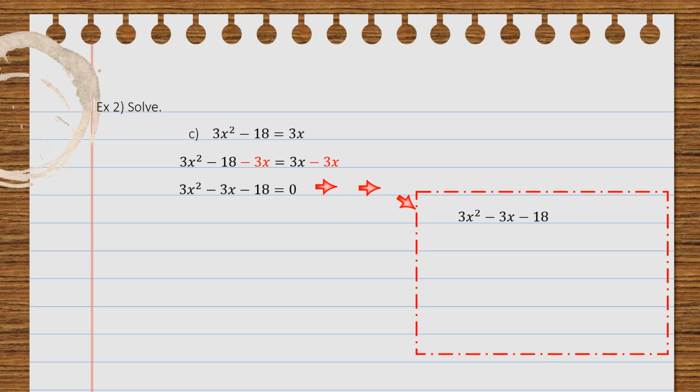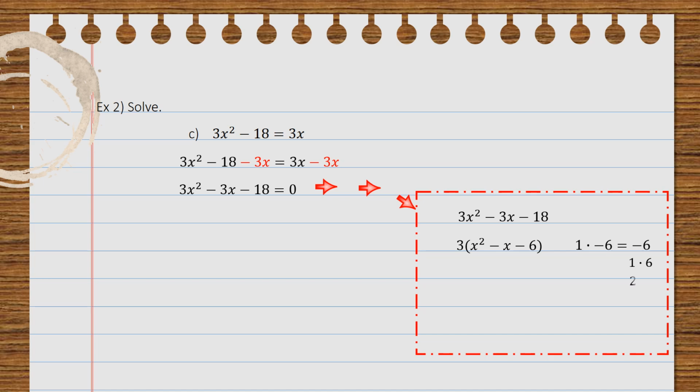Looking at 3x squared minus 3x minus 18, the first thing we always look for factoring is a GCF. Do these have anything in common? They do. Notice each of the terms are divisible by 3. So we are going to factor out a 3, which leaves us with x squared minus x minus 6 remaining. We're focusing on the part within the parentheses, which now we're going to move on to our a times c, which is 1 times -6, which gives you -6.